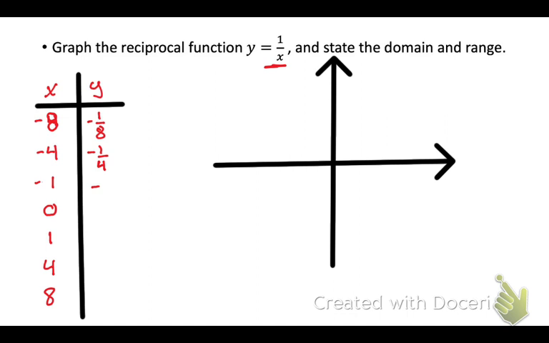Negative 1. 0 would be 1 over 0. Can I divide by 0? No. So it would be undefined. What happens when I put in 1? 1. And when I put in 4, I get 1/4. And when I put in 8, I get 1/8.